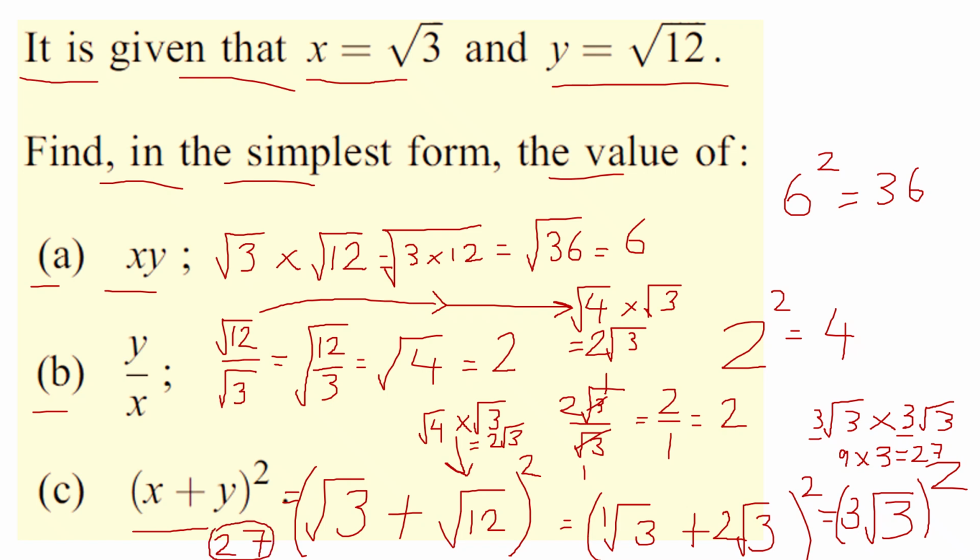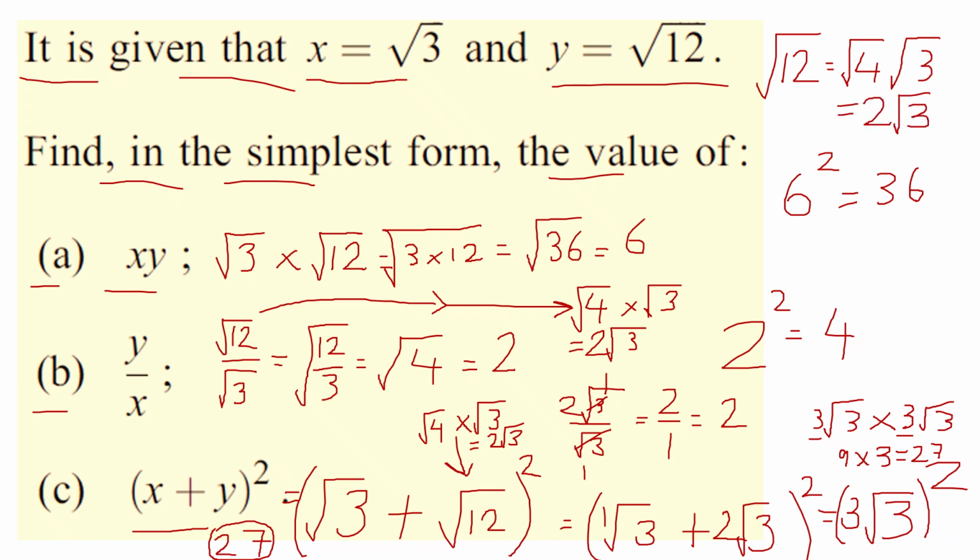So part C required obviously a bit of simplifying surds. Look here for the biggest square number factor. Just let me remind you that root 12 can be written as root 4 times root 3. And the square root of 4 is going to be 2, so we have 2 root 3.